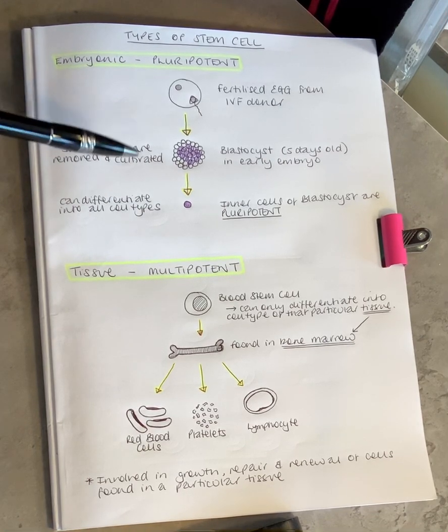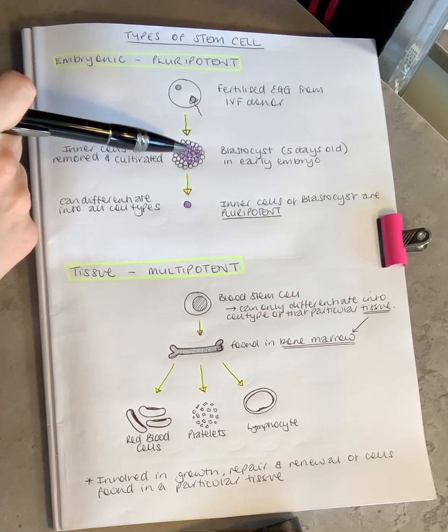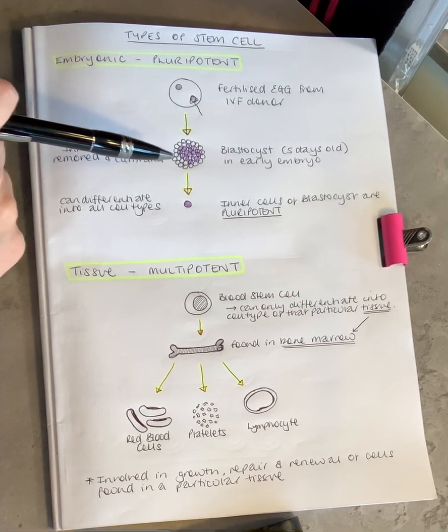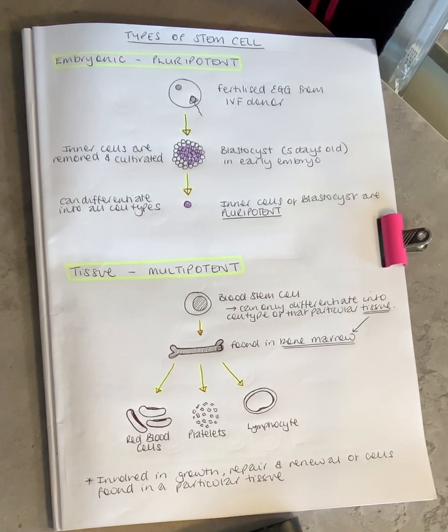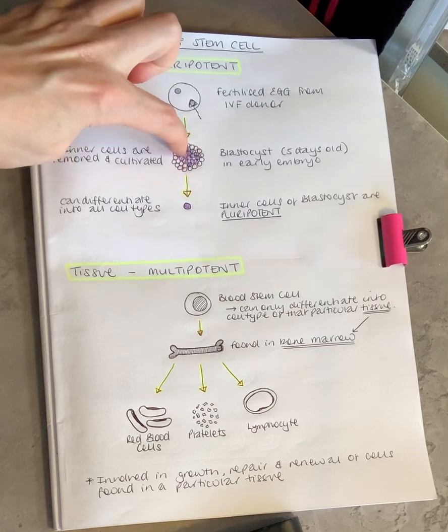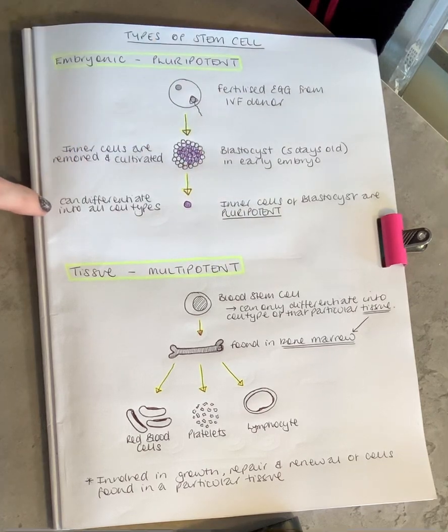All of the genes in this embryonic cell have the potential to be switched on. Because they can be switched on, they have the potential to be any type of cell within the body. So these inner cells can differentiate into any cell type.